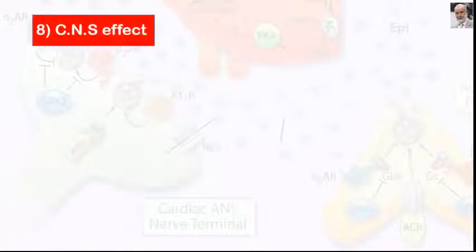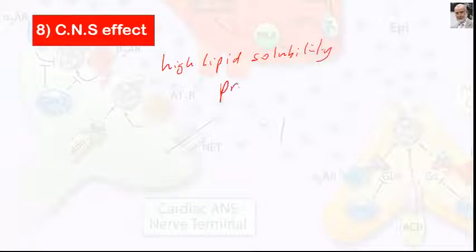Next is their effect on the central nervous system, and usually these central nervous system effects take place only with beta blockers with high lipid solubility, i.e. they have the ability to penetrate the blood-brain barrier, and the most famous example is propranolol.